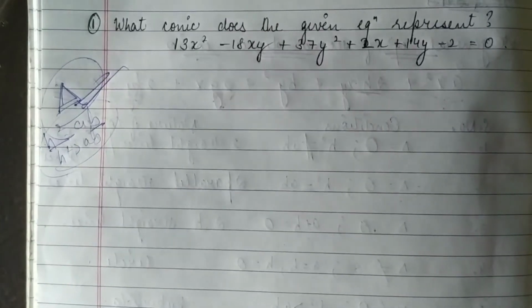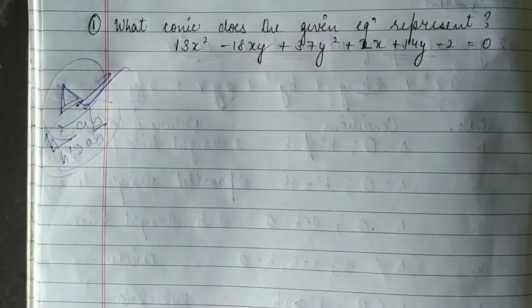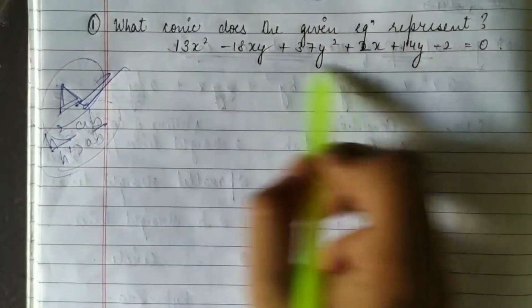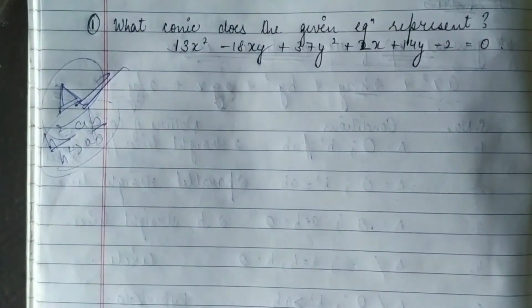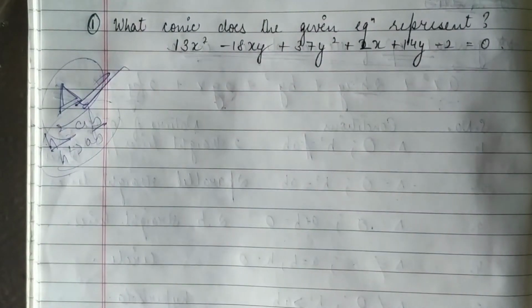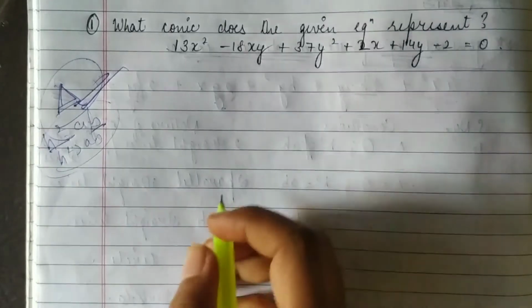So for the formula of delta, we need a, b, c and f, g, h. But in the question only this equation is given. How will we come to know about a, b, c and f, g, h? For this we will first compare it with the general equation of the second degree conic.